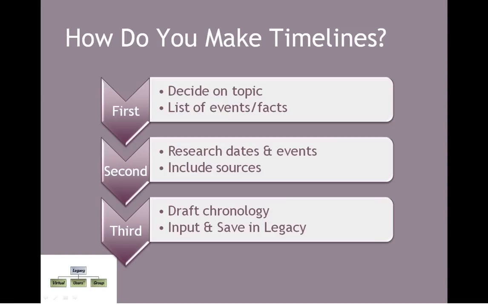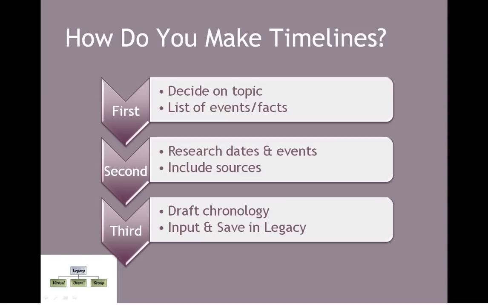So what types of timelines would be important to your ancestors' stories? Perhaps if your family was here during the Revolutionary or the Civil War, that would be of great importance to your ancestors' life and times. Or perhaps your family was in another country, and that history at that point would be of interest to you. Perhaps they were active in a company or a business.